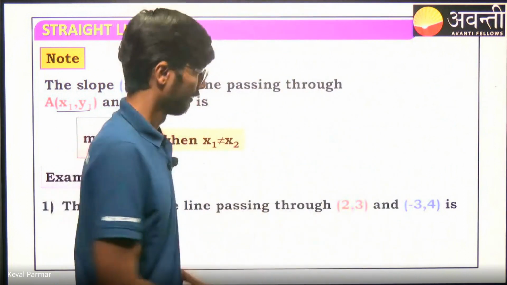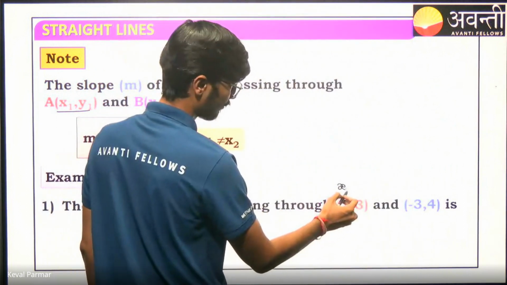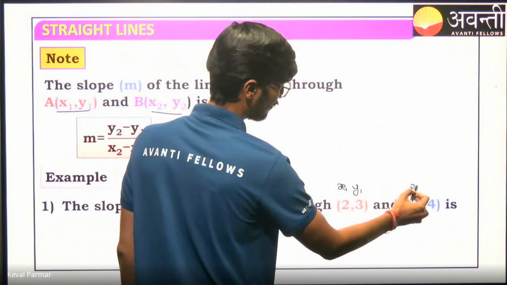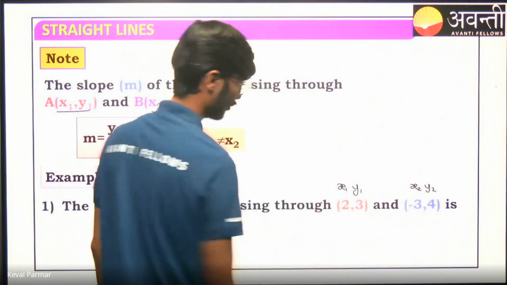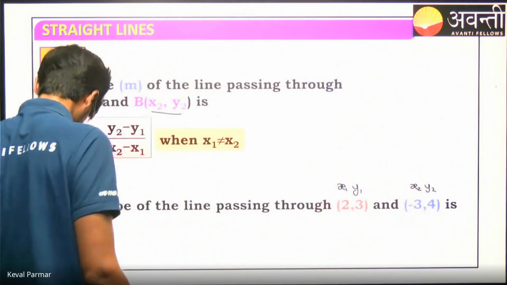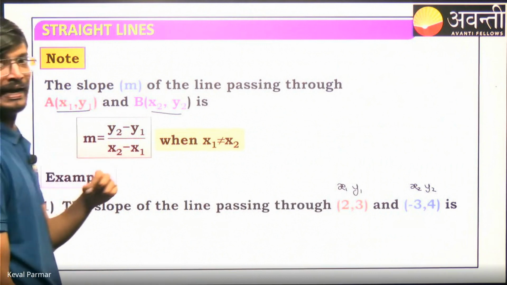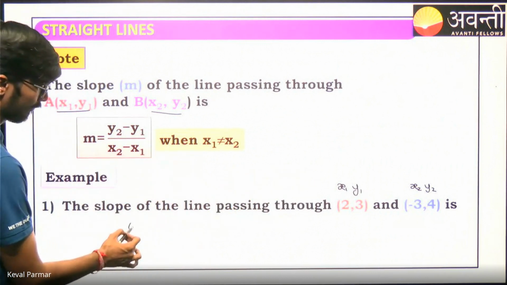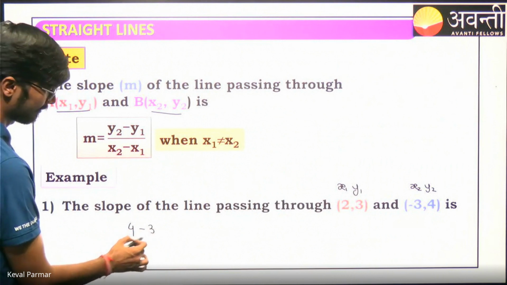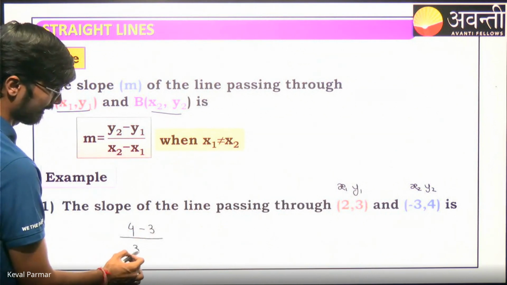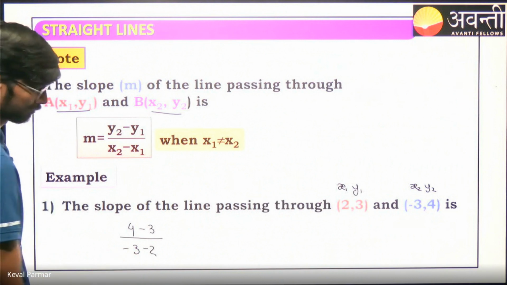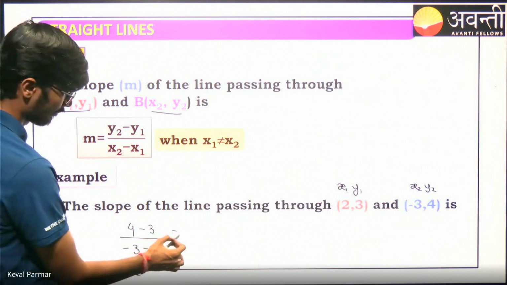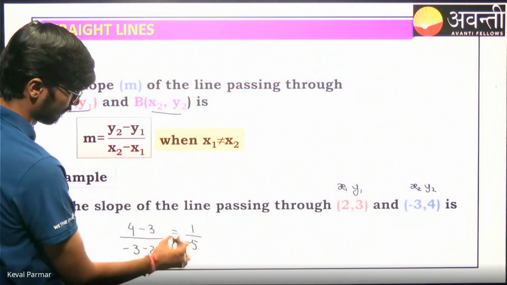Very simple. This point is x1, y1. Let this point be x2, y2. As we know, the slope of the line is y2 minus y1 upon x2 minus x1. So just substitute the values. I'll get 4 minus 3 upon minus 3 minus 2, which is equal to 1 upon minus 5. This is my slope. Simple.